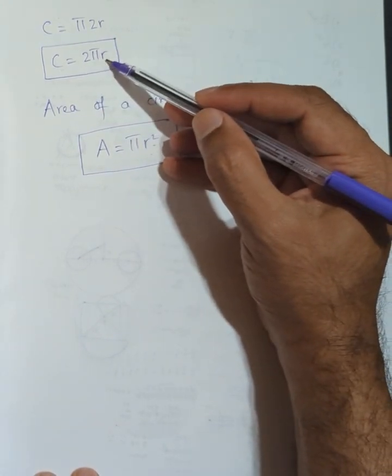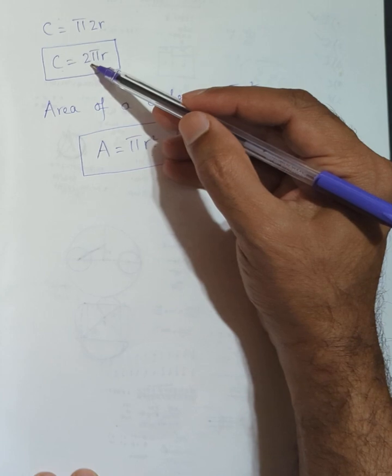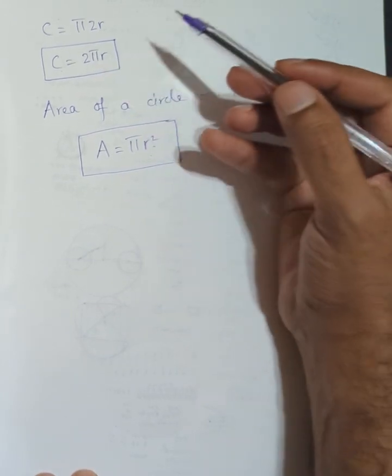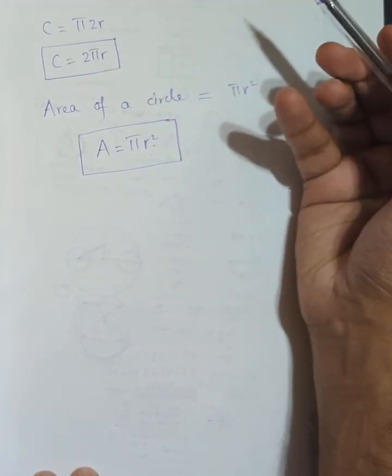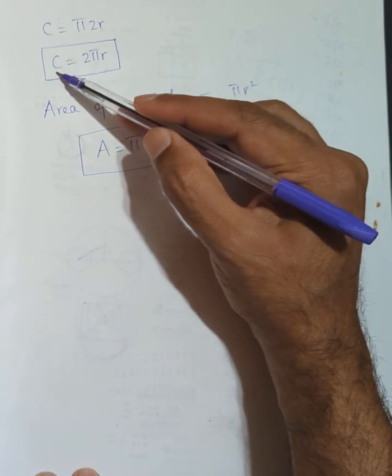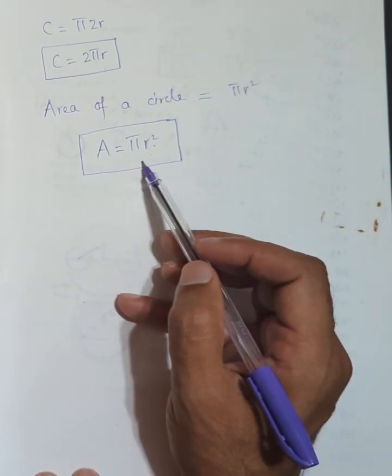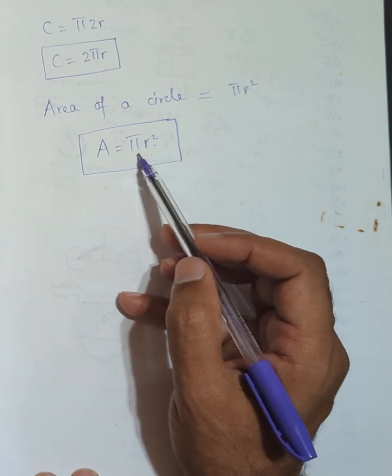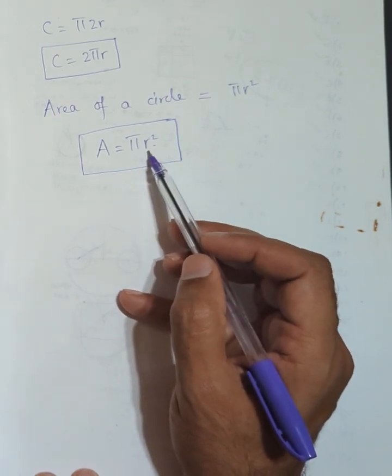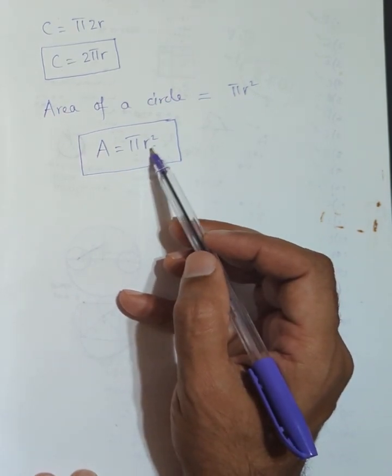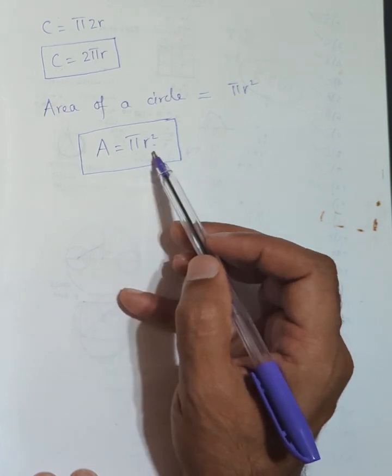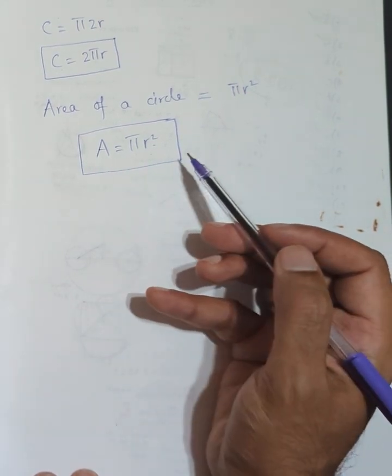That's why you only have r. 2 does not have any units, pi does not have any units, and r is measured in maybe inches. Then circumference is measured in inches. Whereas area is two-dimensional. So pi does not have any units, but r has units of inch, and you are squaring it. So area would have units of inch square.